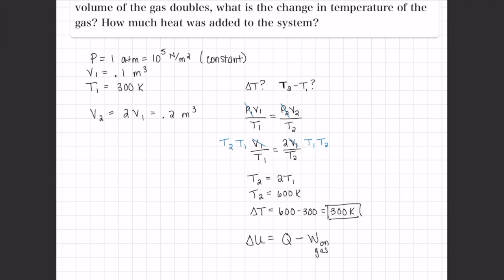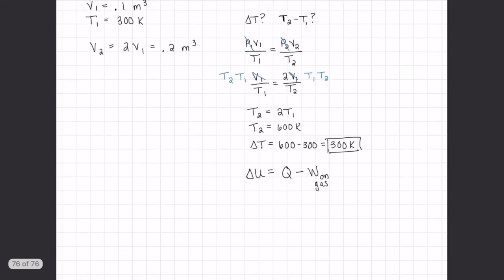So we're solving for Q. We can get delta U using delta T, and then the pressure, volume, and temperature we can also use to get the number of moles that we have in our gas. So let me write out where we're going to go with this.